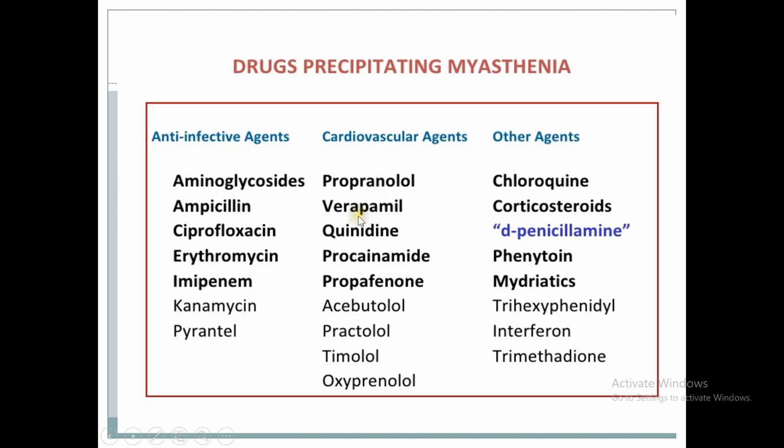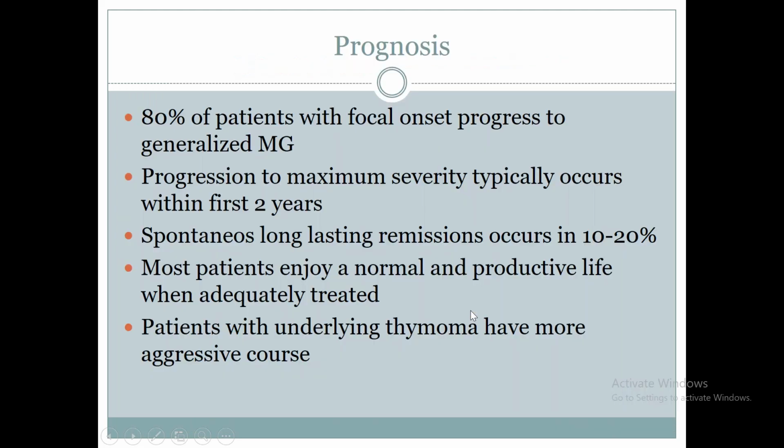And what are the treatment options in myasthenia gravis? Initially, you have to start with symptomatic treatment with long-acting acetylcholinesterase inhibitors like pyridostigmine, neostigmine. The majority of patients ultimately have to be started on immunosuppressive therapies because it's an immune mediated disease, an autoimmune disease. So immunosuppressive therapies have a definite role.